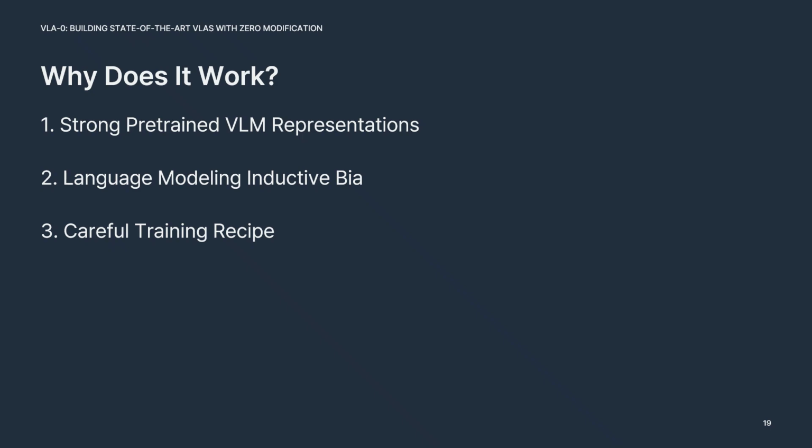So why does this actually work? There are two main reasons. First is strong pre-trained VLM representations. VLA-0 doesn't use large-scale action pre-training, but its base VLM is already trained on web-scale image-text data, so it starts with strong priors for objects, spatial relations, and instructions.